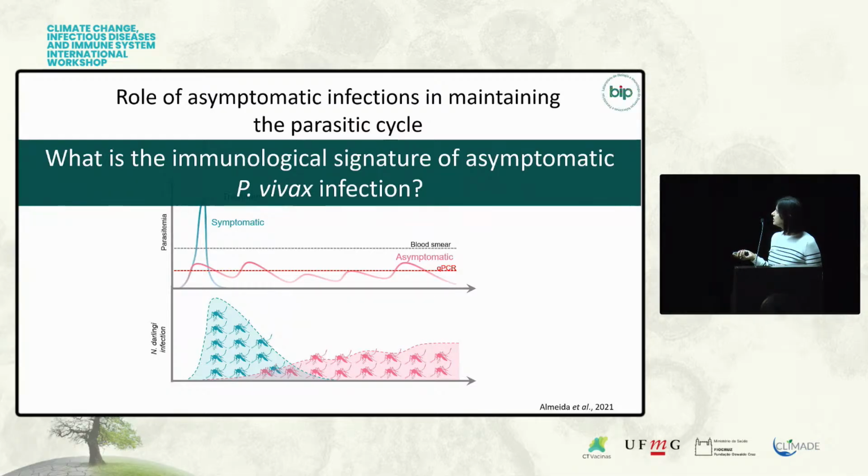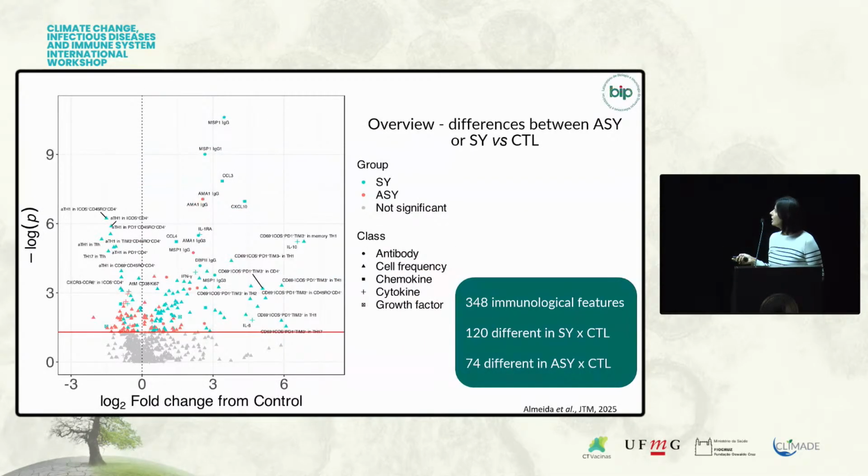And how about the immunosignature of these patients? So I'm not going to talk about all of this, but here, based on what we studied before in symptomatic infections and also based on the literature, we chose approximately 350 features to analyze.